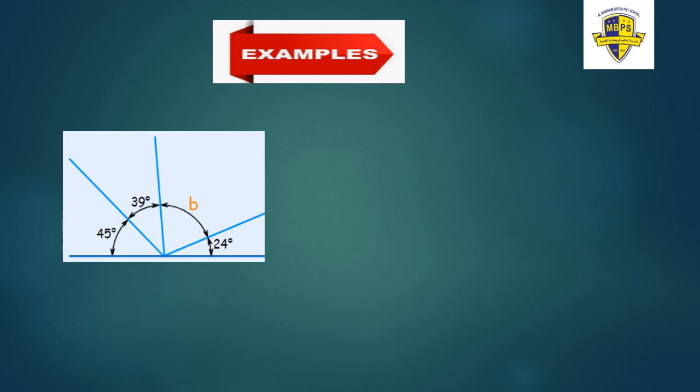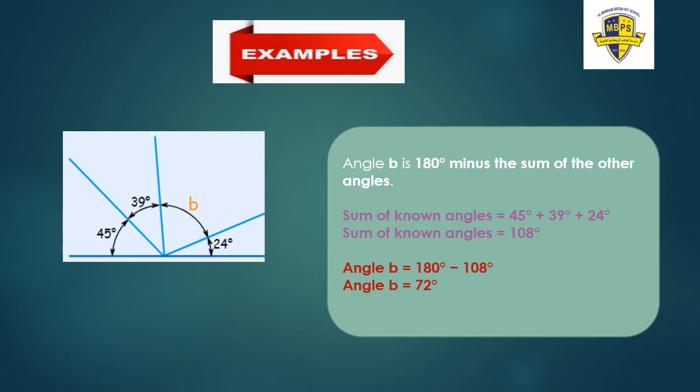So to find B, first you have to add these angles 45, 39, 24. Equal what? Excellent. This equals 108. Then angle B equals 180 minus 108, and this gives us 72 degrees. So angle B equals 72 degrees.